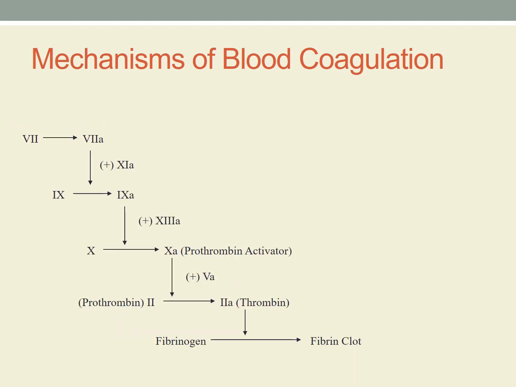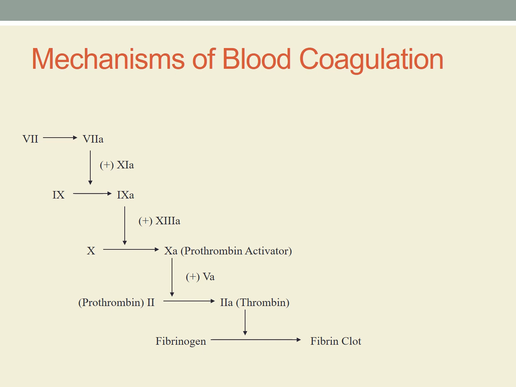Now this is a somewhat simplified figure of the blood coagulation cascade. The clotting factors are represented by the Roman numerals, and at each step, a clotting factor undergoes a conversion to an active clotting factor. So the Roman numerals with an A after them are the active clotting factors. Looking at the top of the slide, there's factor 7, which is inactive, and factor 7A is the active factor 7.